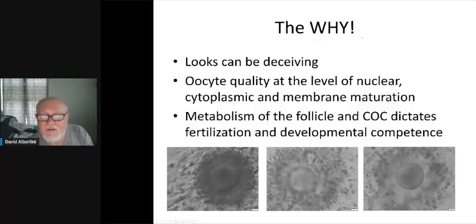So the question is, why is it so difficult to move forward in this field of oocyte quality assessment? First thing I think we have to keep in mind is that looks can be deceiving.